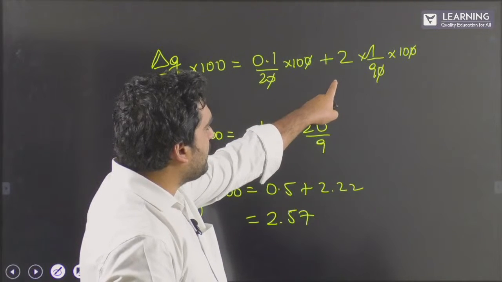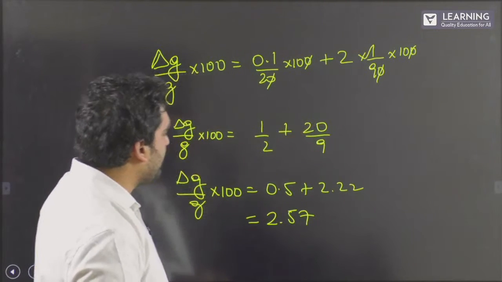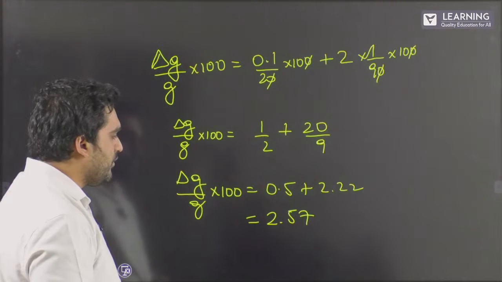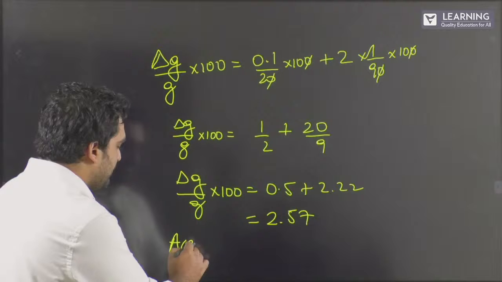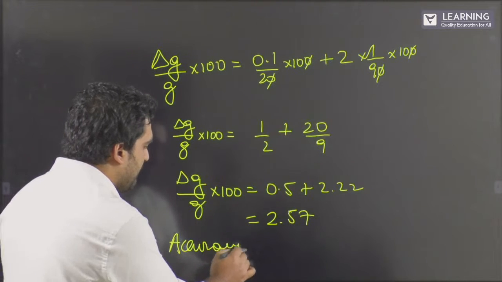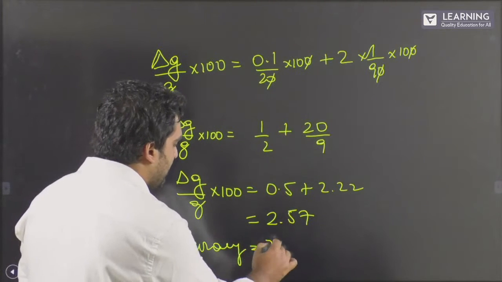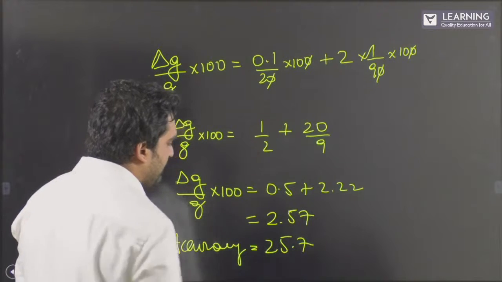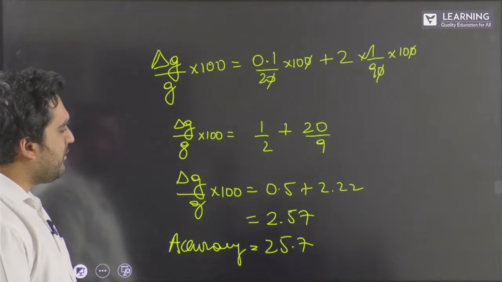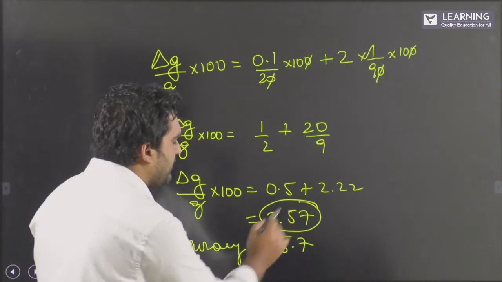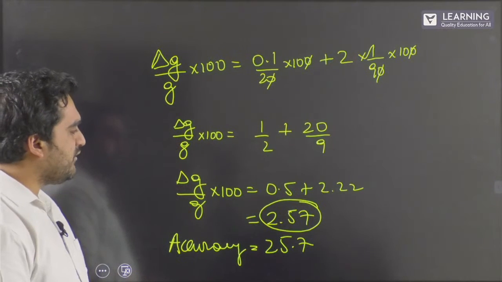Yes, 20 by 9. All right, and then you can find that the accuracy comes down to, if I'm not mistaken, about 2.57. So you can take a look at it, but this is how you obtain the given number.